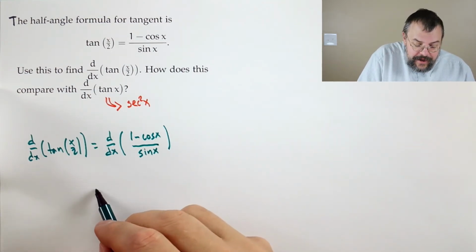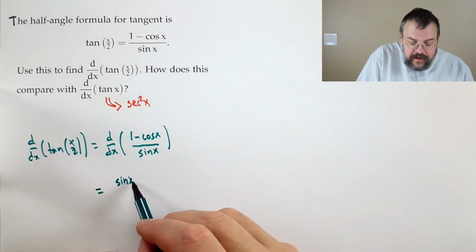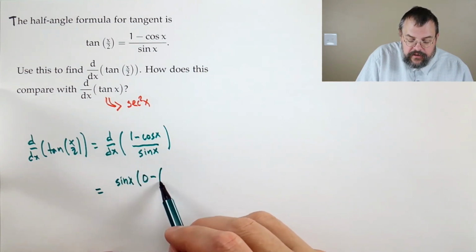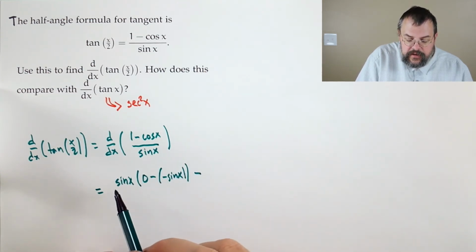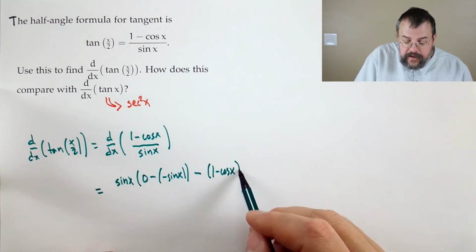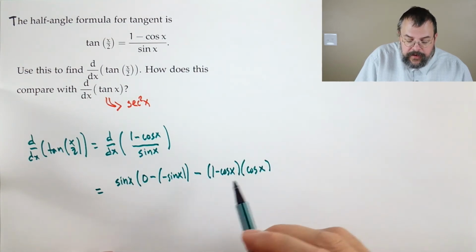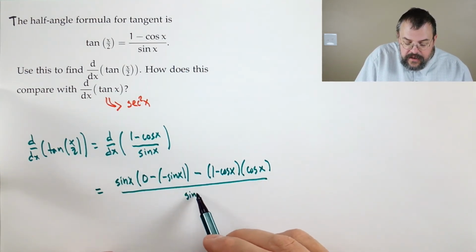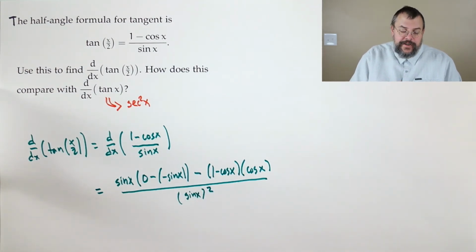We take the bottom, which is sine of x, times the derivative of the top. Well, we have 0 minus, the derivative of cosine is negative sine. Minus, so low d high, minus the top, high, times the derivative of the bottom. The derivative of the bottom is cosine x. All of that divided by the bottom squared. Okay, so far, so good.